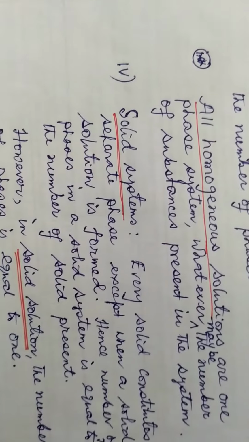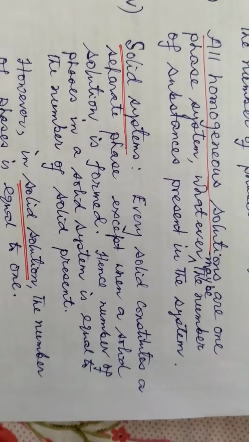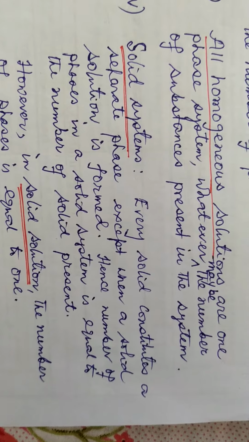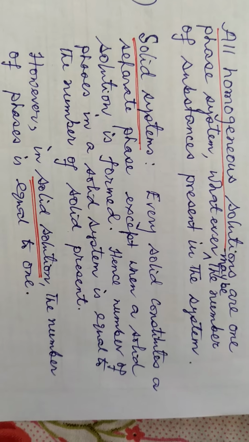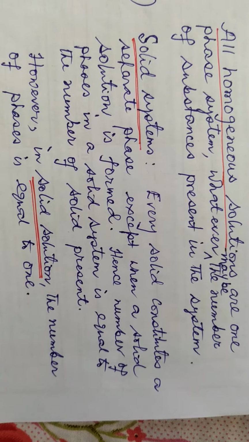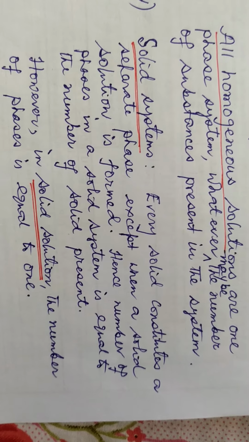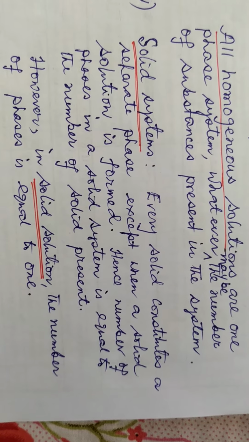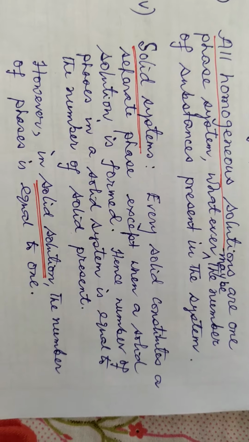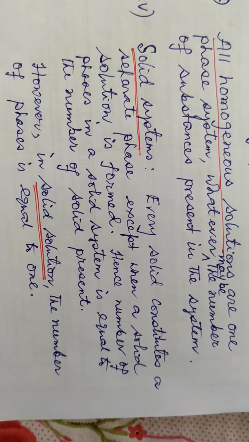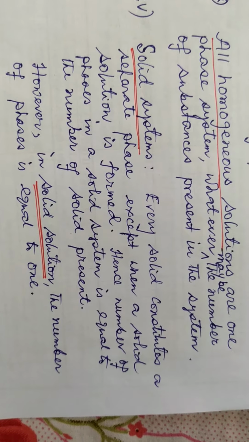Now, solid systems. Every solid constitutes a separate phase except when a solid solution is formed. We will discuss the solid solution later. But if we take two solids in contact with each other, then definitely there are two phases.